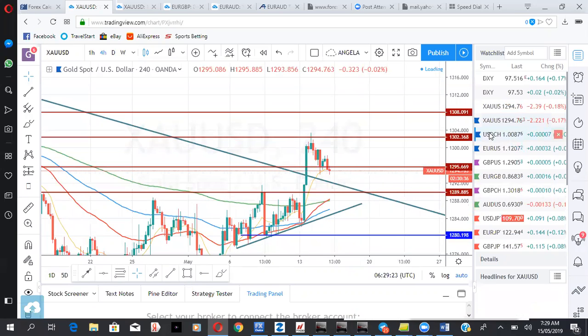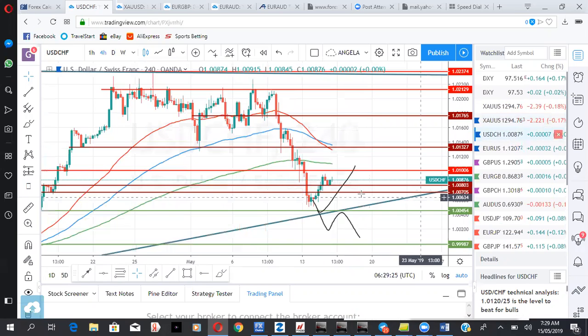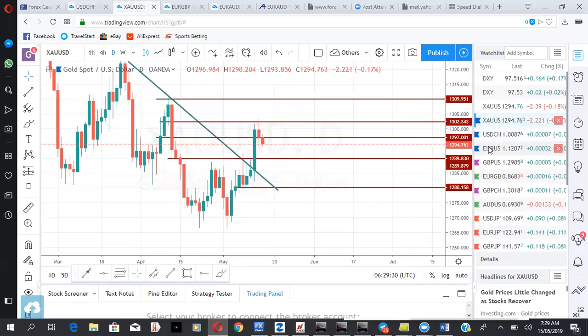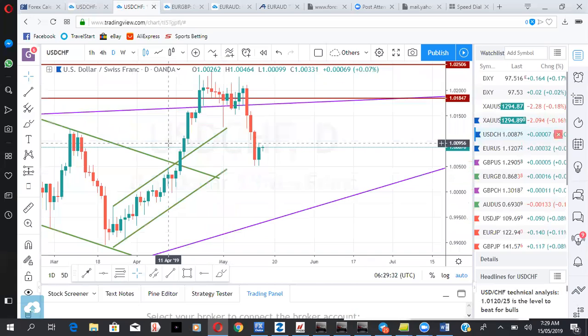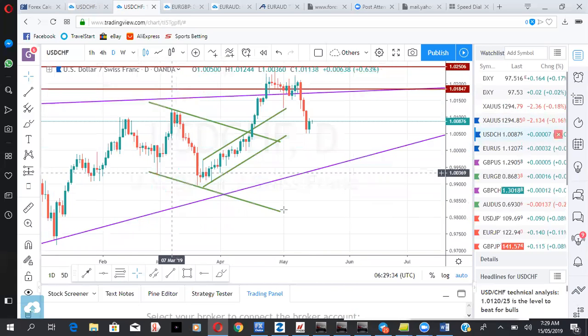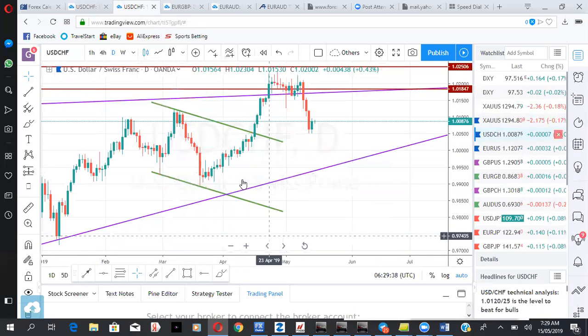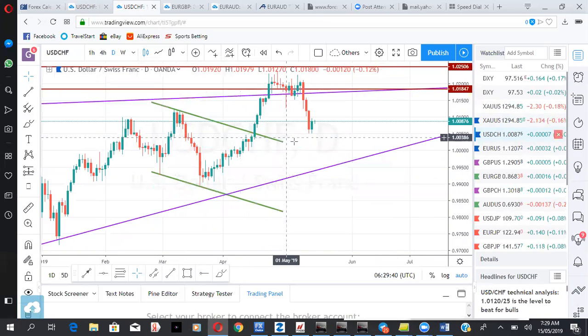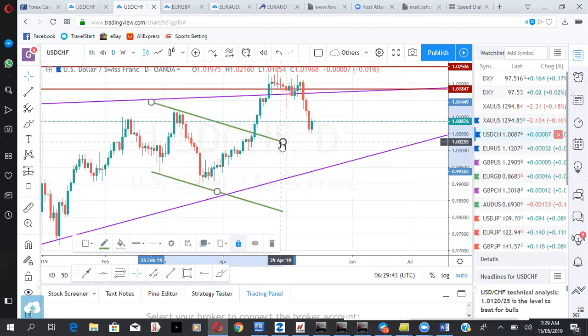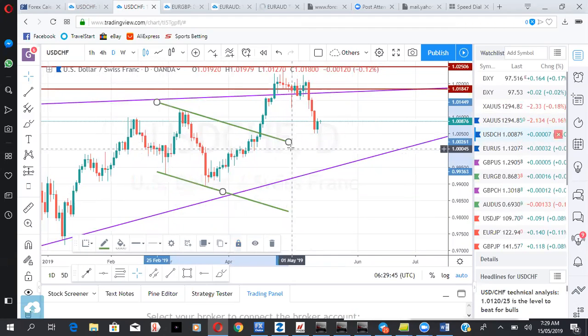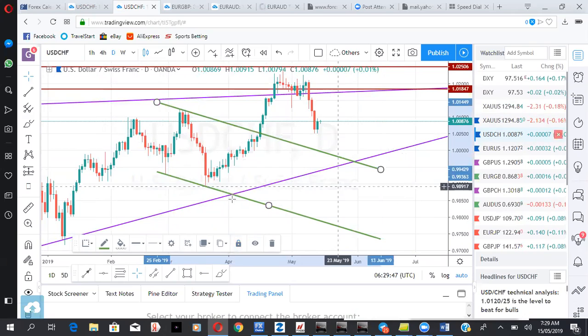The next pair we'll be looking at is the USDCHF. So we'll look at the USDCHF from a daily point of view. Price seems to have broken out of this channel.